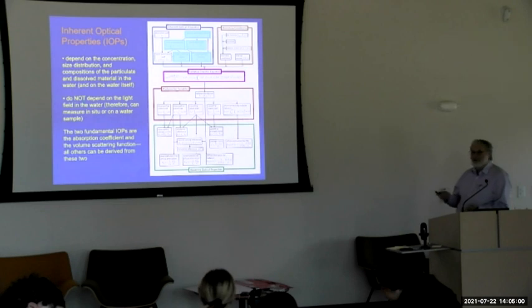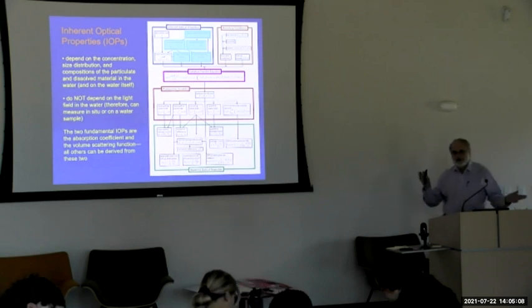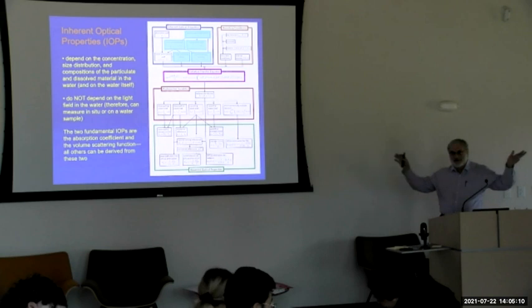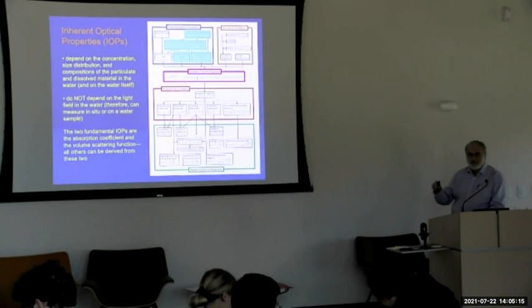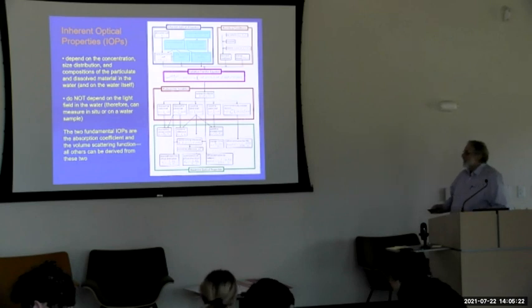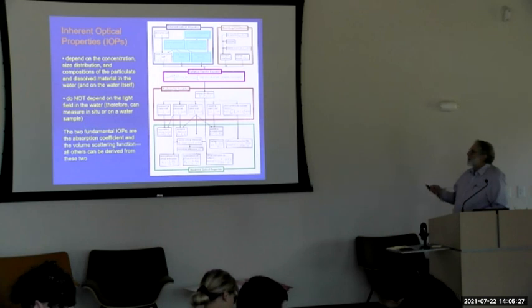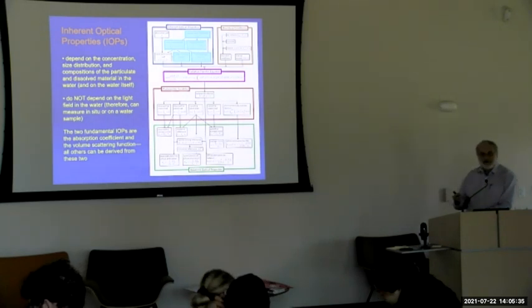They do not depend on the light field that's in the water. So you can take a sample of water into the laboratory and measure absorption and scattering, and it has nothing to do with sunlight that was on the ocean. In a few days, we'll learn about apparent optical properties, which have to be measured in situ because they depend on the ambient light field. Anyway, the two fundamental IOPs are the absorption coefficient and the volume scattering function. And if you measure those things, then anything below here can be derived from those two things.